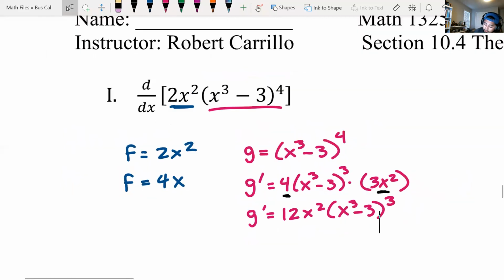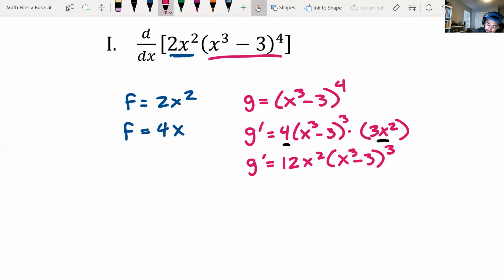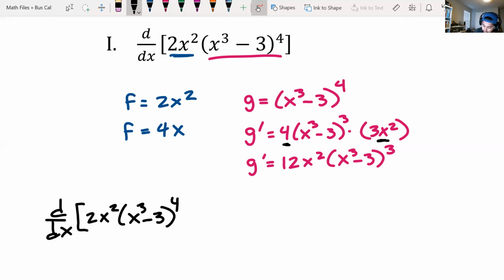And now to be proper, since it doesn't have a y equals or f of x equals, we have to start off by writing this statement again. d over dx of 2x squared times (x cubed minus 3) to the 4th will equal, and now we follow our product rule. Oh, I forgot my prime, didn't I?